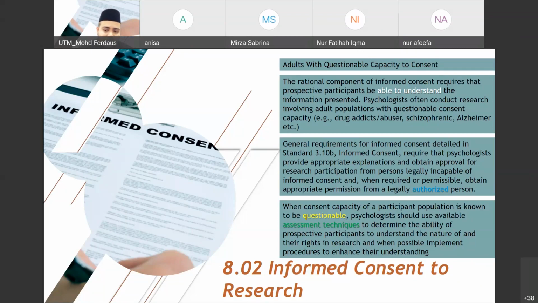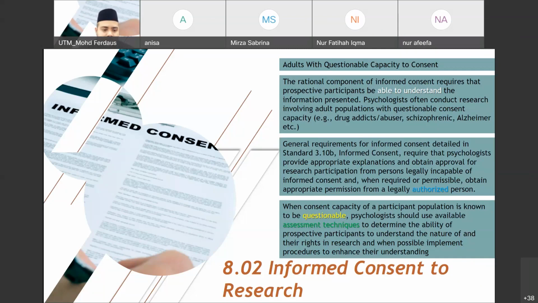When consent capacity of the participant population is known to be questionable, psychologists should use available assessment techniques to determine the ability of prospective participants to understand the nature of and their rights in research, and when possible, implement procedures to enhance their understanding.